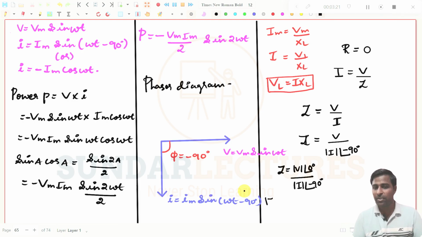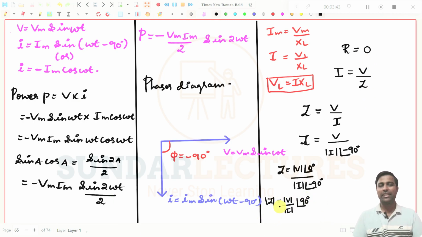So if I want to write Z now, it is the modulus of V divided by the modulus of I at an angle, and commonly it will be plus 90 degree. Z in the inductive circuit will be plus 90 degree.